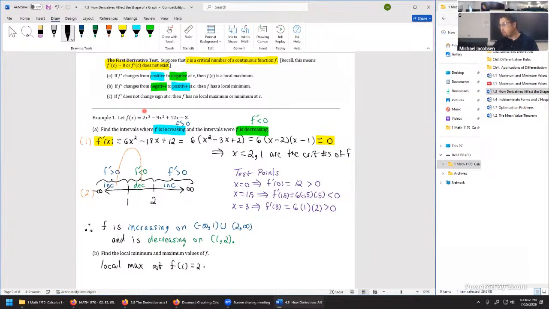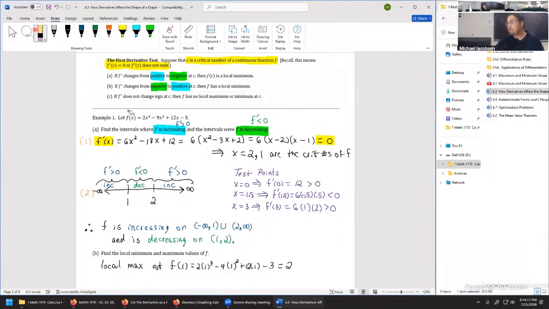F at 1 is 2 times 1 cubed minus 9 times 1 squared plus 12 times 1 minus 3, which boils down to 2 minus 9 is negative 7, plus 12 is 5, minus 3 is 2 altogether. Let me know if my arithmetic went weird. Yeah, that looks about right if you grouped these up differently. So that's the local maximum value, 2, that's as high as it ever gets if you're around x equals 1.